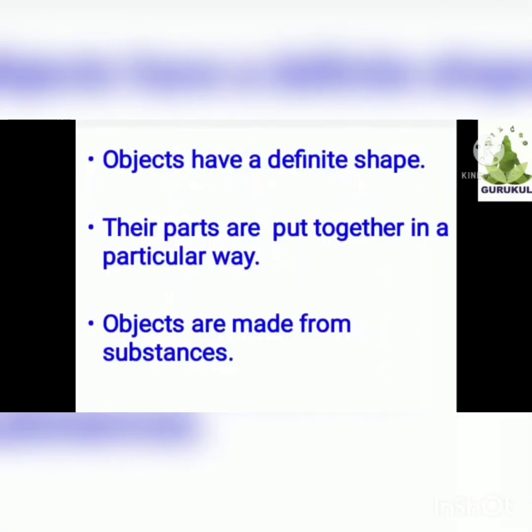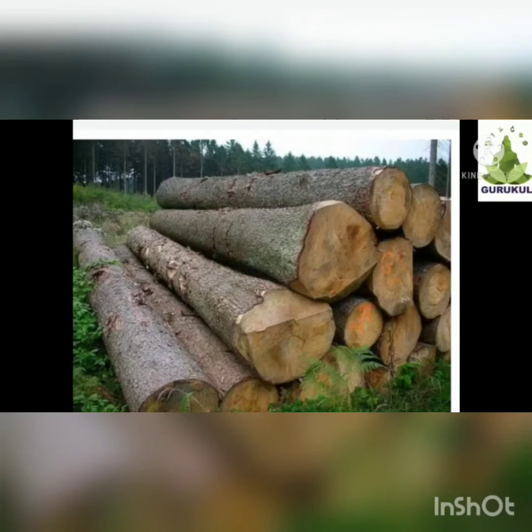Their parts are put together in a particular way. Objects are made from different substances. For example, chairs and tables are made from wood.